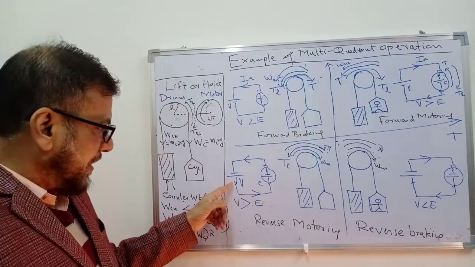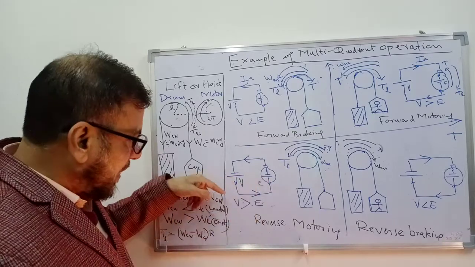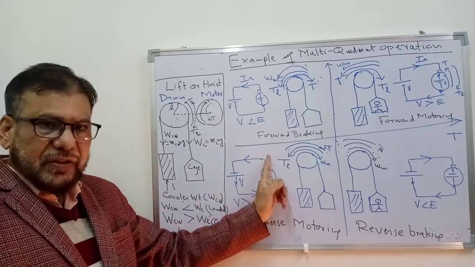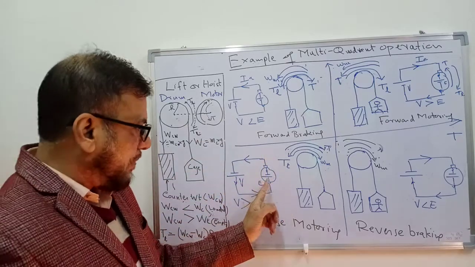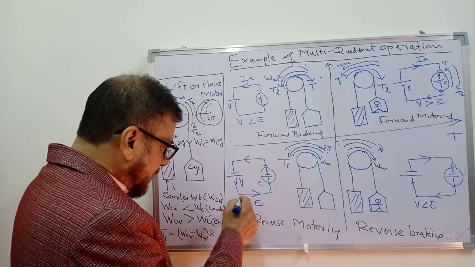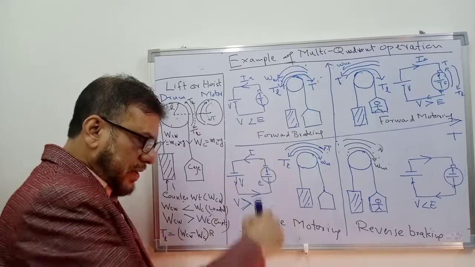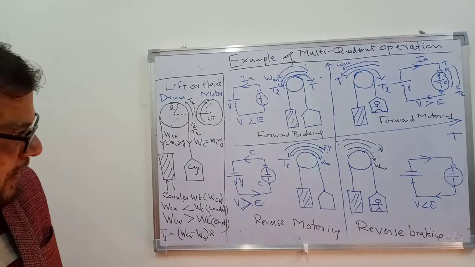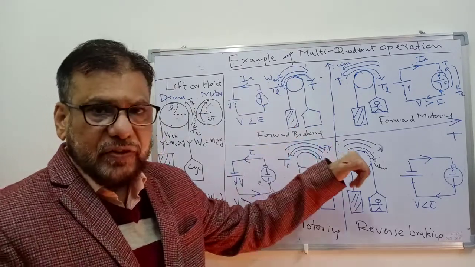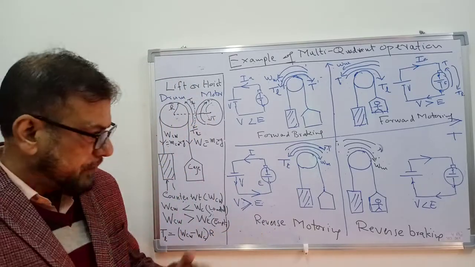And for motoring operation, V should be more than E, so that the current flows here. Current leaves the positive terminal of the source and enters into the positive terminal of the back EMF. So we have to make V more than E, so that current flows in this direction, and this current produces a torque, and the motor moves in the direction of torque, that is in the clockwise direction. So this is what is known as reverse motoring operation.